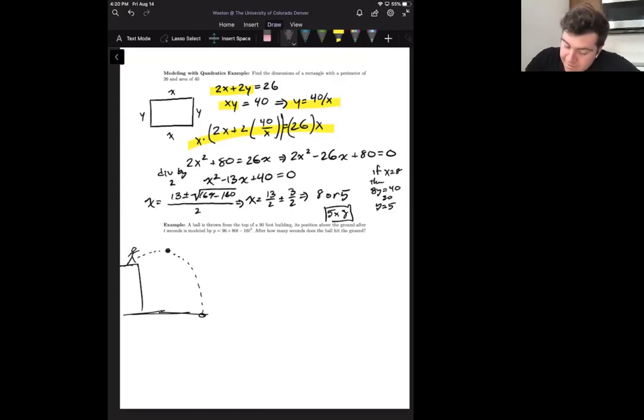And so we have that its height above the ground is modeled by this equation. And so when it's on the ground, the height's going to be 0. So that just means that we're just trying to solve for time for 0 equals 96 plus 80t minus 16t squared.